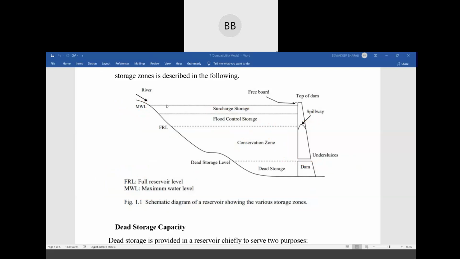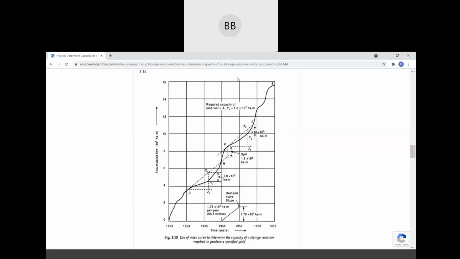So in the last class, we were discussing the mass curve. Using the mass curve, how can we determine reservoir capacity? Suppose we have a river which is flowing from upstream to downstream, then we select a location which is suitable for the dam structure.